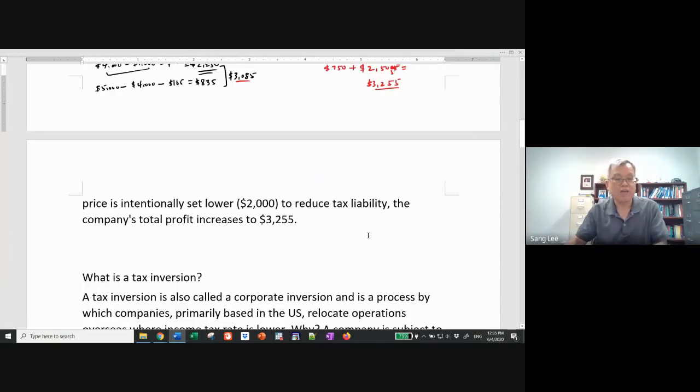So, well, the governments are well aware of this.